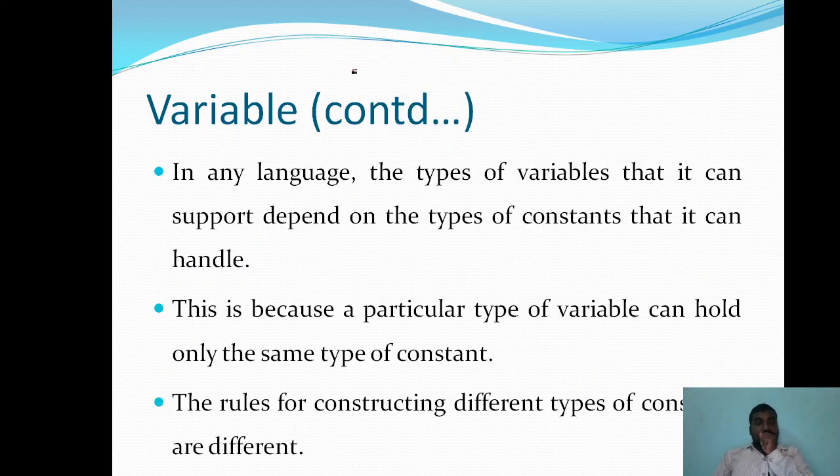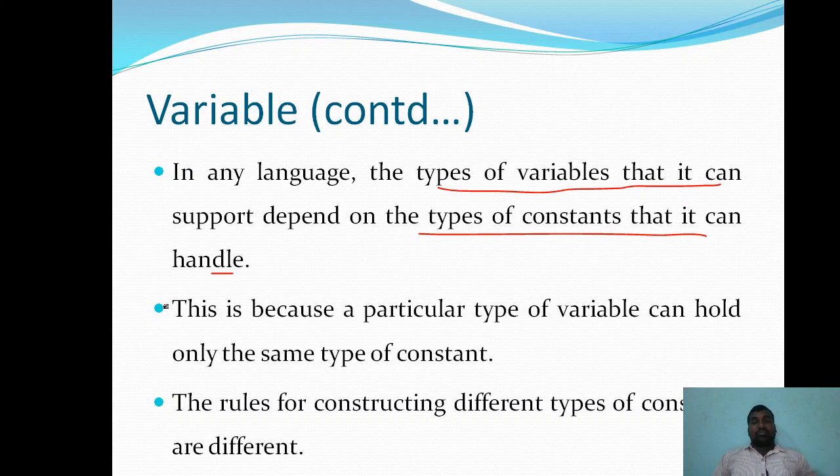In any language, the types of variables it can support depend on the types of constants it can handle. The capability of a programming language depends on the types of variables it supports, which depend on the types of constants supported. So here we have different types of constants, right?